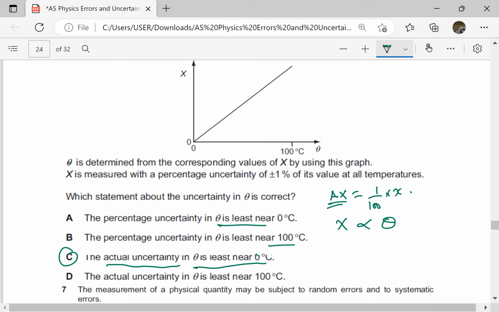The absolute uncertainty of x is also going to be directly proportional to the absolute uncertainty in theta. That is the actual uncertainty, not the percentage uncertainty. Since it is a straight line through the origin, the actual uncertainty in theta is going to be least near 0 degrees Celsius. So the answer here is going to be C.